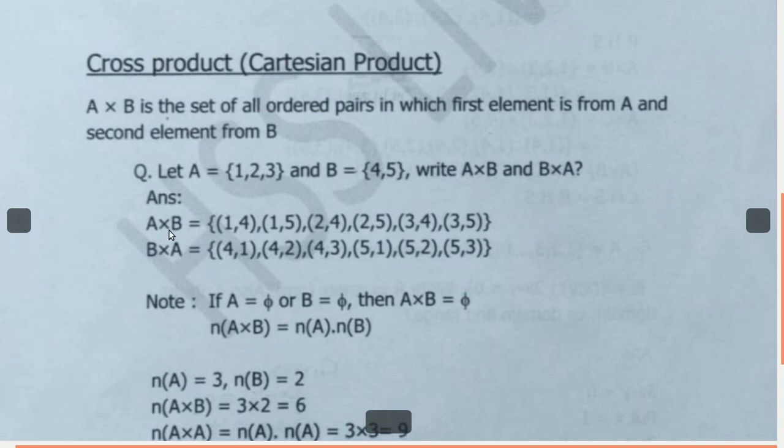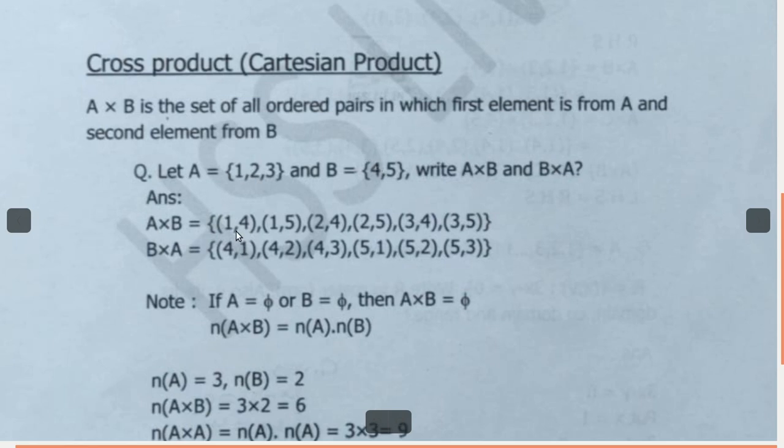A cross B is the set of ordered pairs (1, 4), (1, 5), (2, 4), (2, 5), (3, 4), (3, 5). So this set is called A cross B.